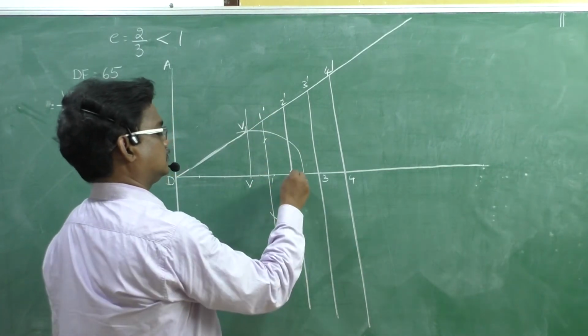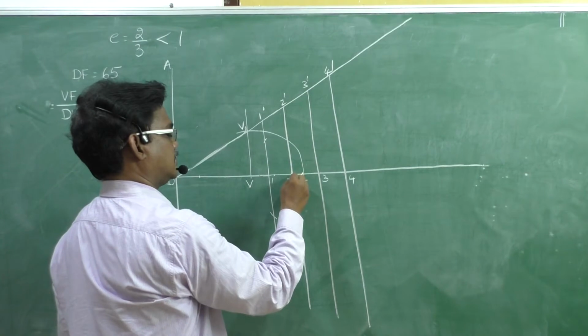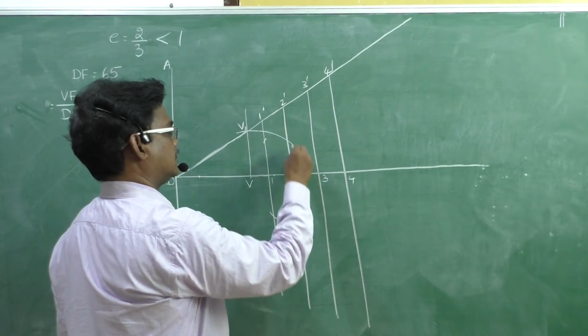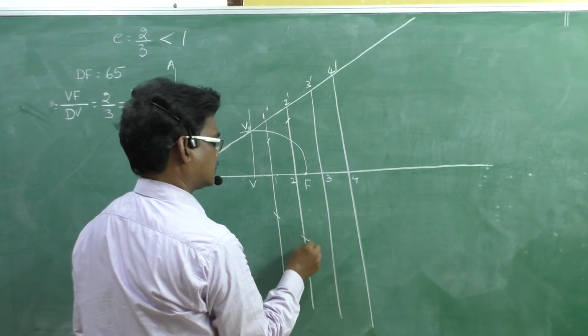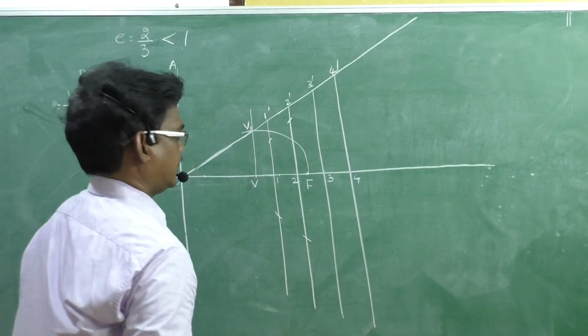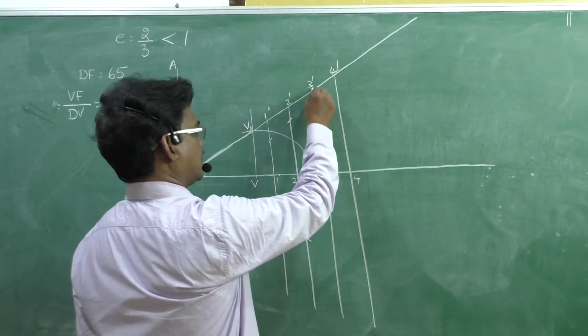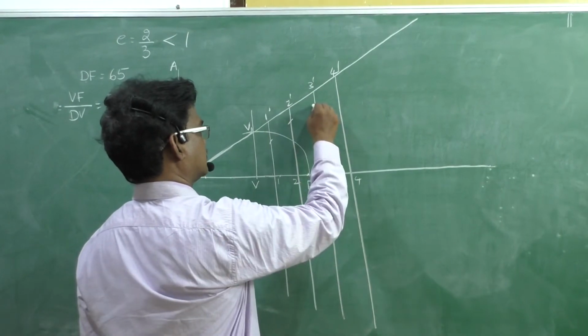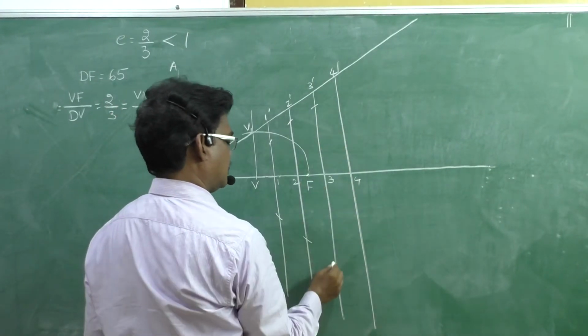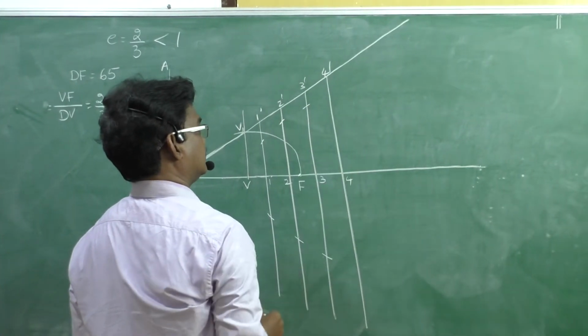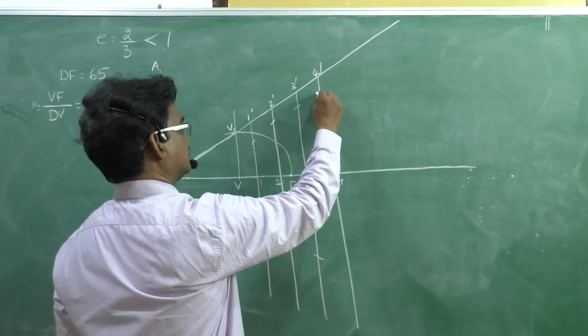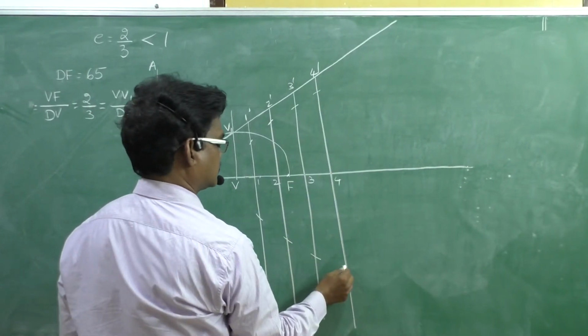After that, 2 dash as radius, F as center, draw the arcs on either sides. Next, 3 dash as radius, F as center, draw the arcs on either sides. 4 dash as radius and F as center, draw the arcs on either sides.